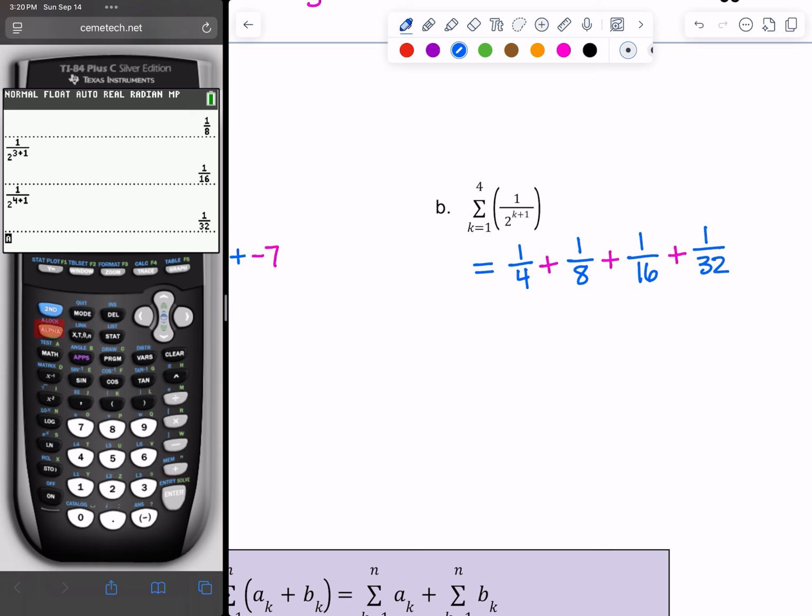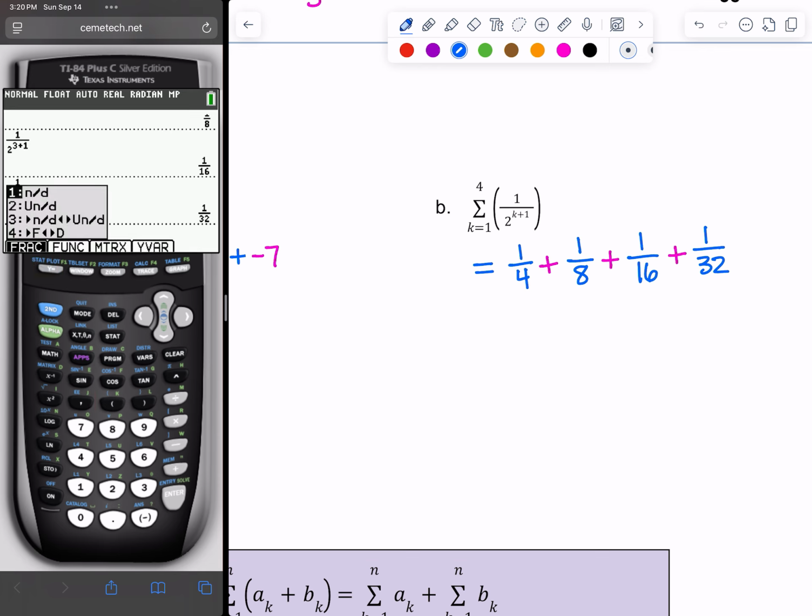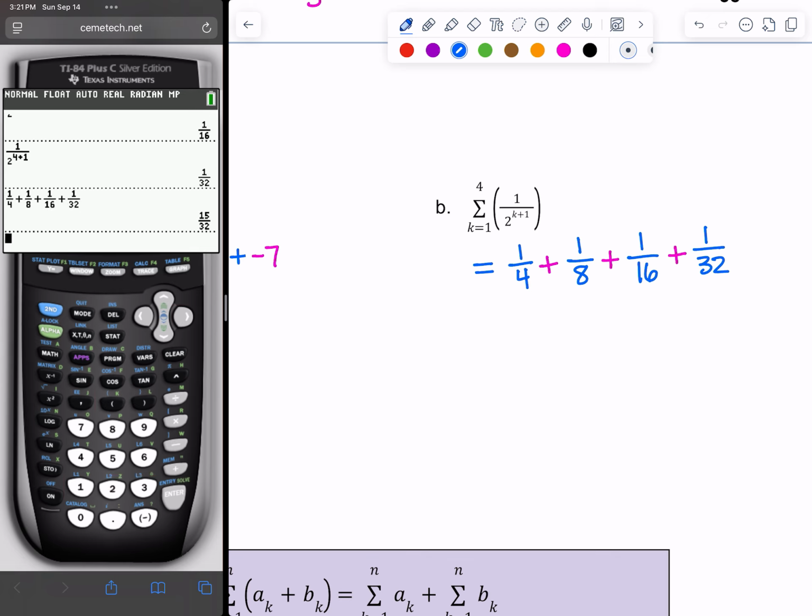So if I were to add 1/4 plus 1/8 plus 1/16 plus 1 over 32, I will equal 15 over 32. So that will be my sum here.